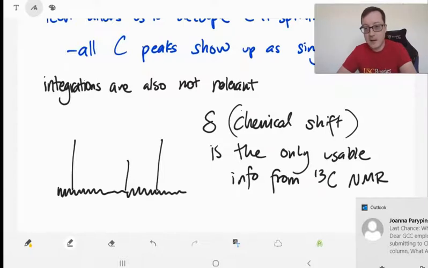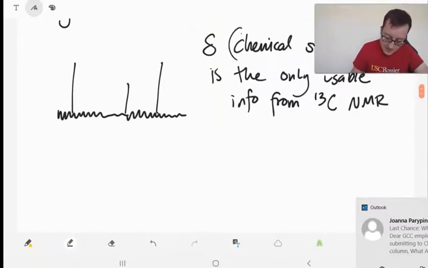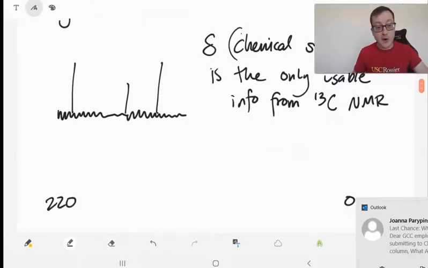But unfortunately, those are not covered by ACS, so I will mention them, but the problems that you'll have will not have these advanced techniques for carbon NMR. So all we have is chemical shift. All right, so a carbon NMR spectrum usually goes from about 0 to 220 ppm.